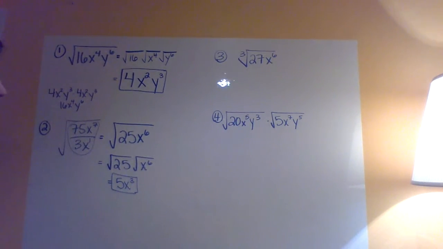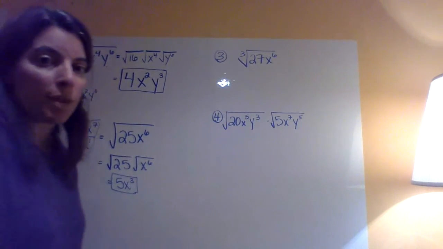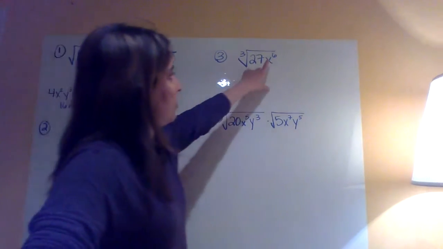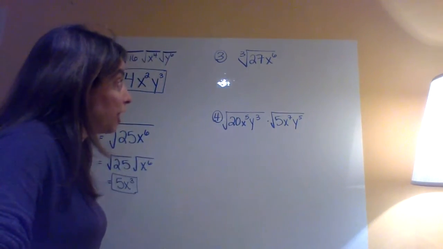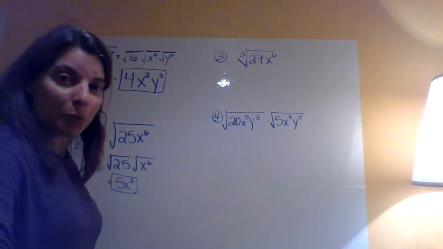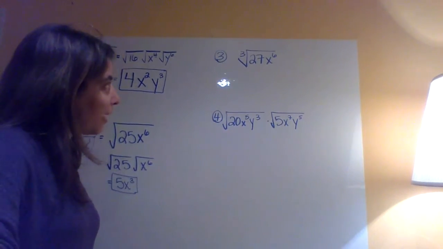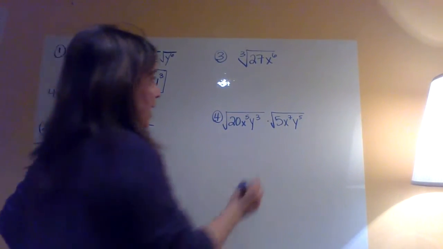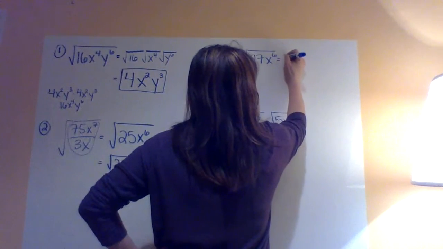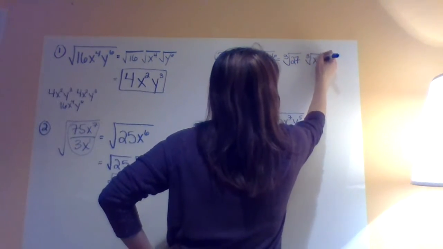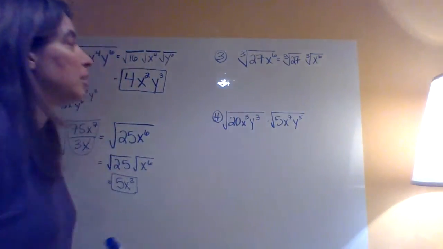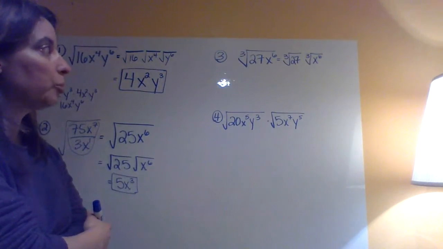Okay, number 3 actually had a little typo in it. So if you can change this, it was a 4, I think, originally. Change it to a 6. With a 4 in there, it's what we're going to do in a few pages, but we're not quite there yet. Okay, so cube root. So again, I can split it up as long as they're both written as cube root still. Okay, cube root of 27.